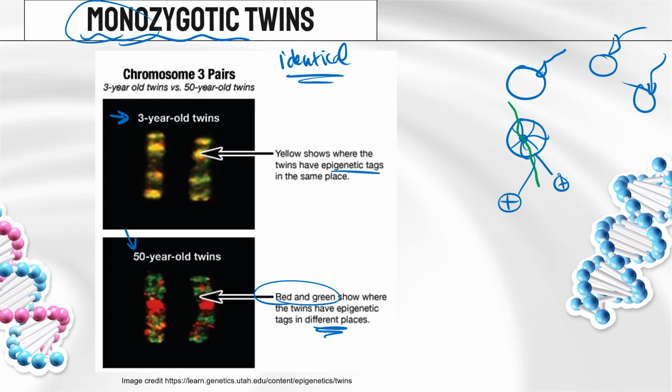So super cool how these methyl patterns will change as we age. We're going to turn on and turn off different genes, but also our environments are going to affect which methyl patterns we get, and different experiences are going to lead to different methyl patterns.